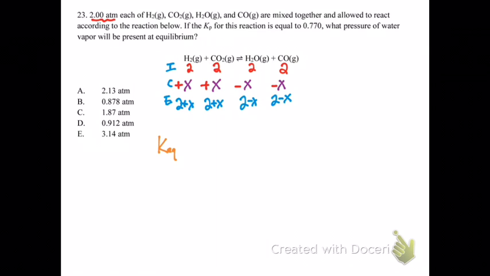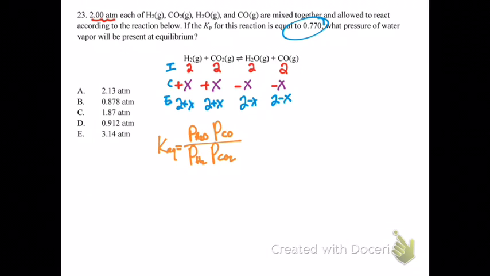So Keq is going to be equal to the pressures of products. So pressure of H2O times the pressure of CO divided by pressure of H2 over reactants, so pressure of CO2. So now let's plug in our values and solve and see what we end up getting.